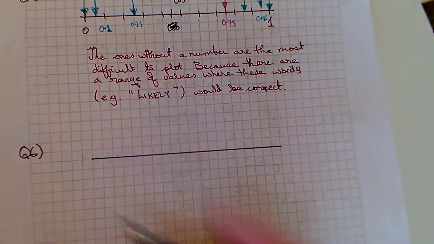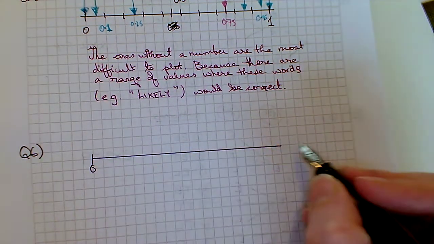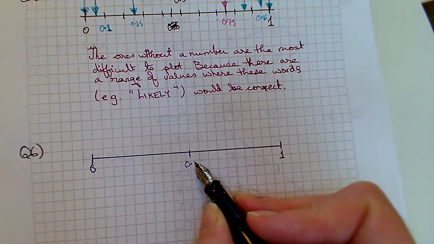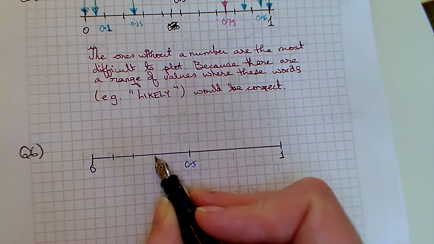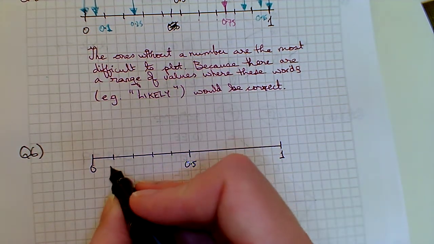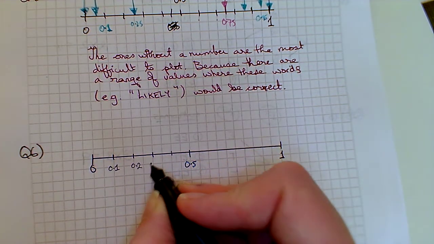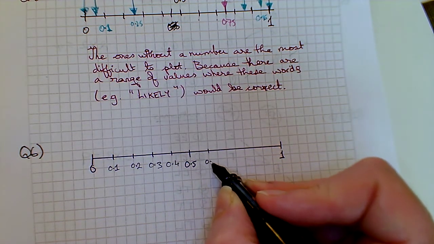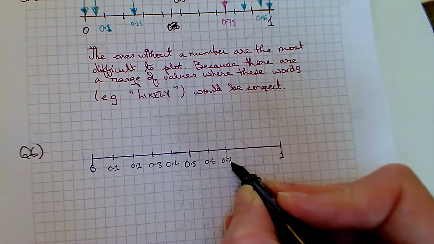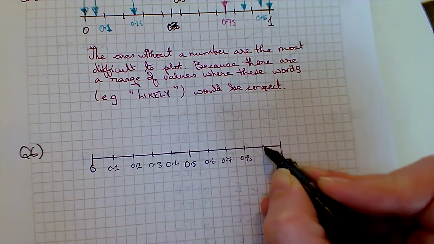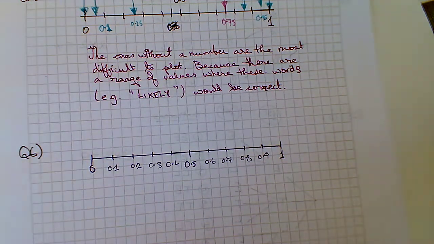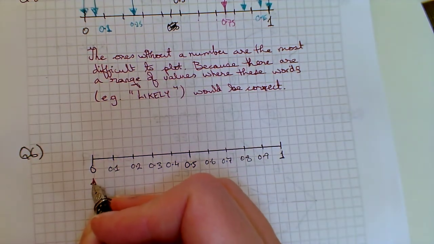So again, my probability scale goes from 0 to 1, with 0.5 in the middle, 0.1, 0.2, 0.3, 0.4, 0.6, 0.7, 0.8, 0.9. So there's my probability scale. And these different events were filled in like this.